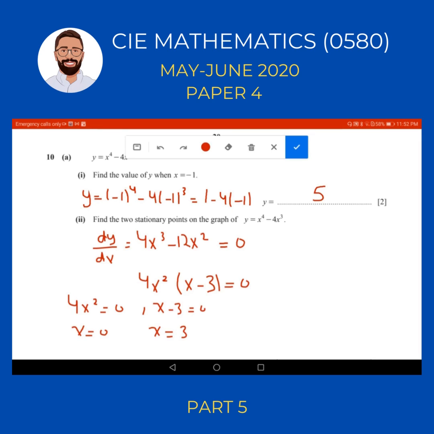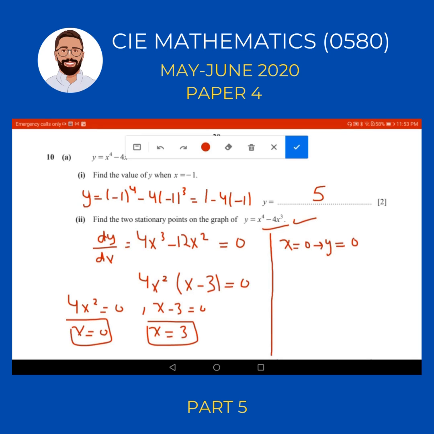Now to find the y coordinates, I need to substitute x equal to 0 and x equals 3 into the original function. So when x is equal to 0, y is equal to 0, of course, because 0 to the power of 4 is 0, minus 4 times 0 cubed is 0. So the first stationary point is 0, 0.